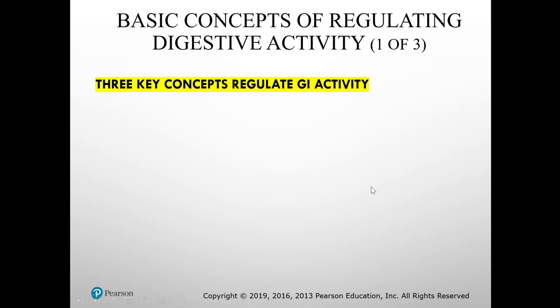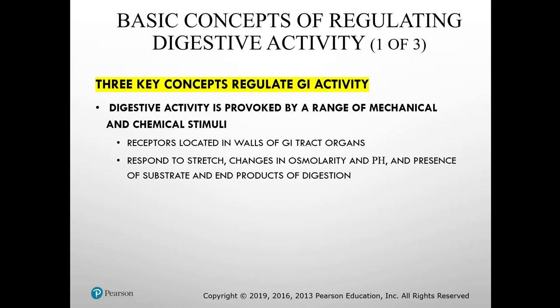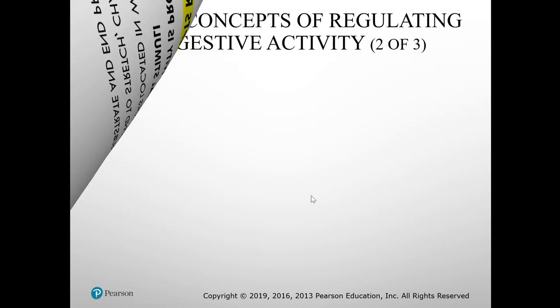So let's take a look at the three concepts that regulate the GI activity. First of all, your digestive activity is provoked by a series of mechanical and chemical stimulus. The receptors that are located in the walls of the GI organs are the ones that receive this. They respond to stretch, change in osmolarity and pH, and presence of substrate and end products of digestion.